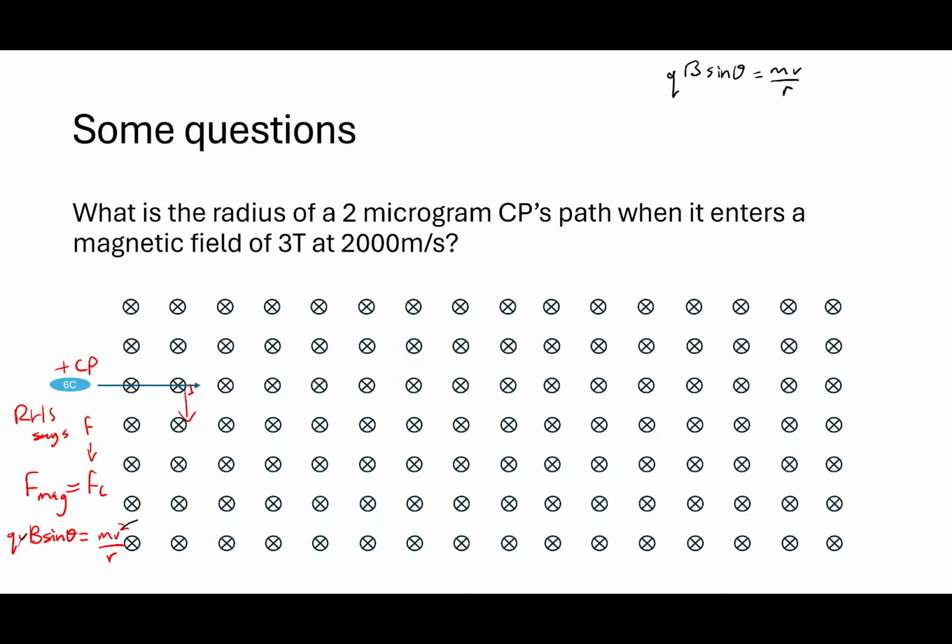Now we know Q, it's 6. We know B, which is 3. Sine theta is 90 since the magnetic field is straight into the page.